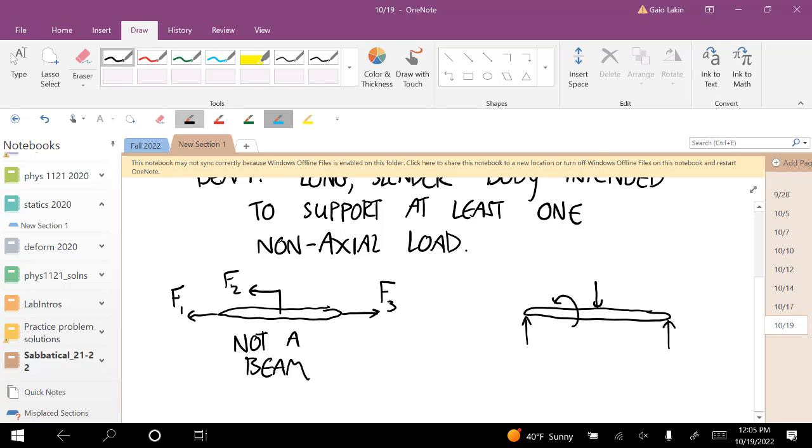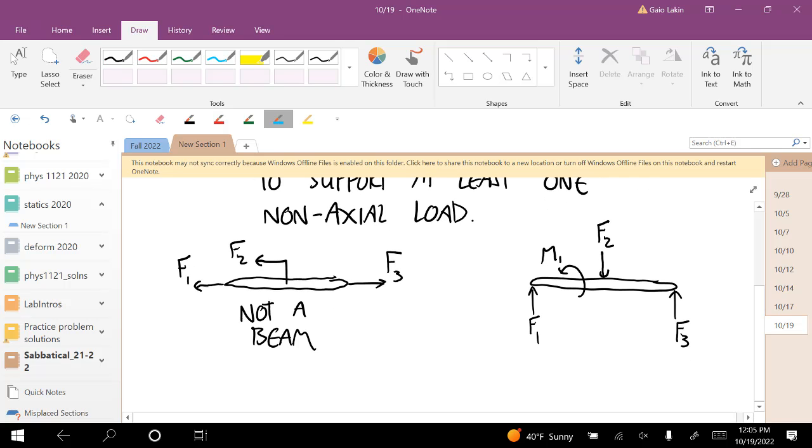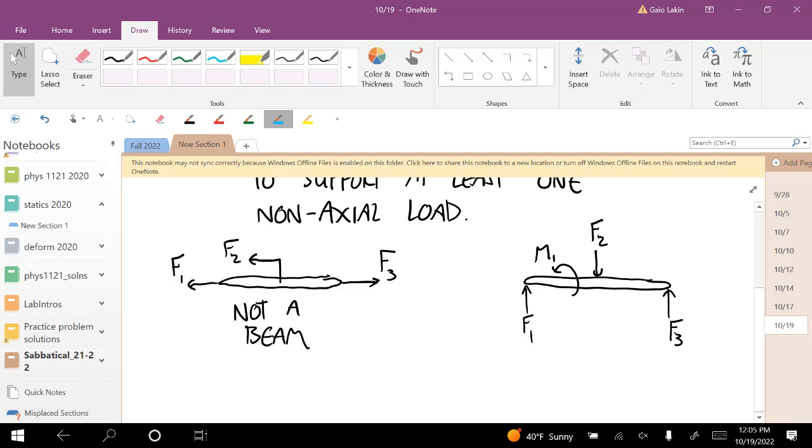But something like this is a beam. So the key thing is that it's not just in tension and compression. It has other things going on that would tend to bend it.